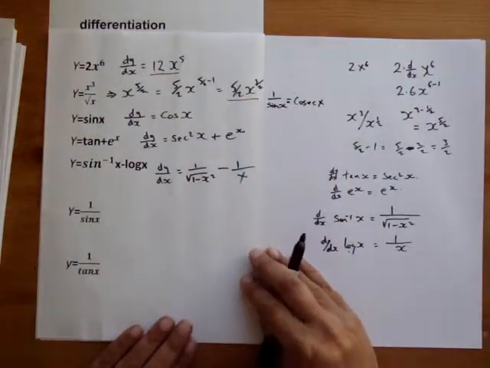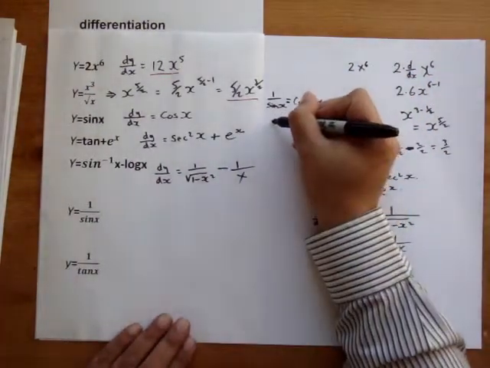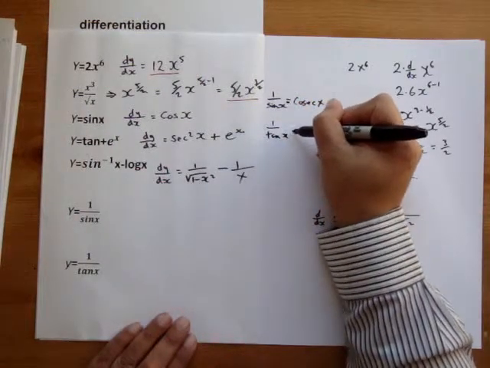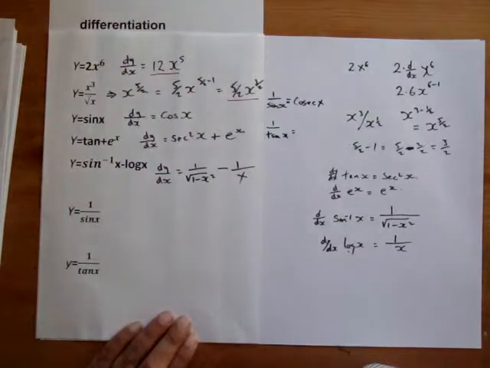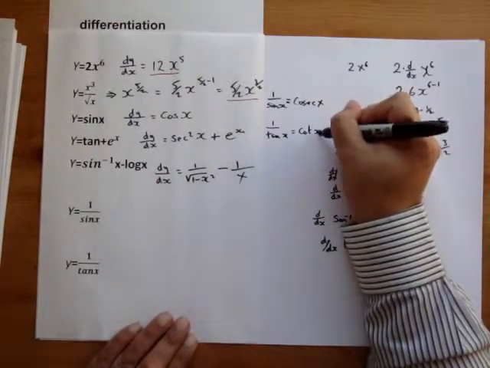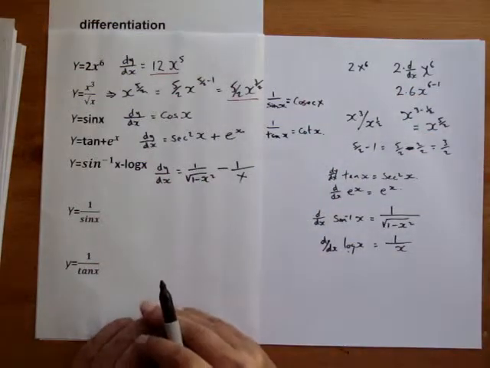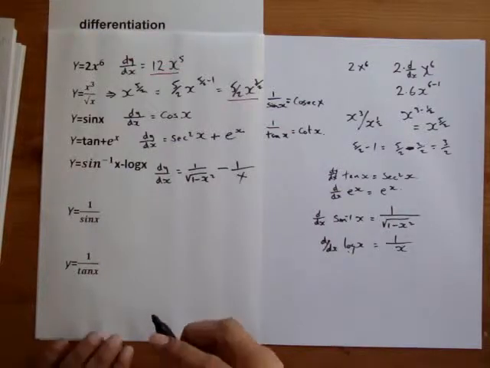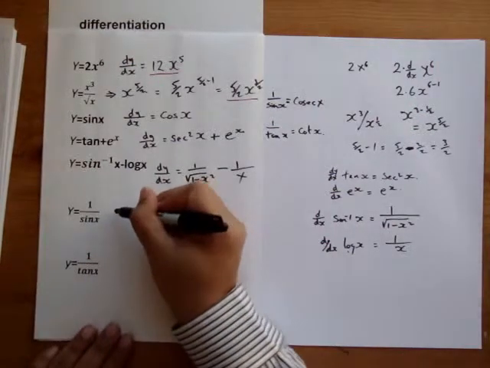What is 1 over tan x? 1 over tan x is cotangent of x, and it is in our list of common derivatives and we can differentiate it. So let's do that.